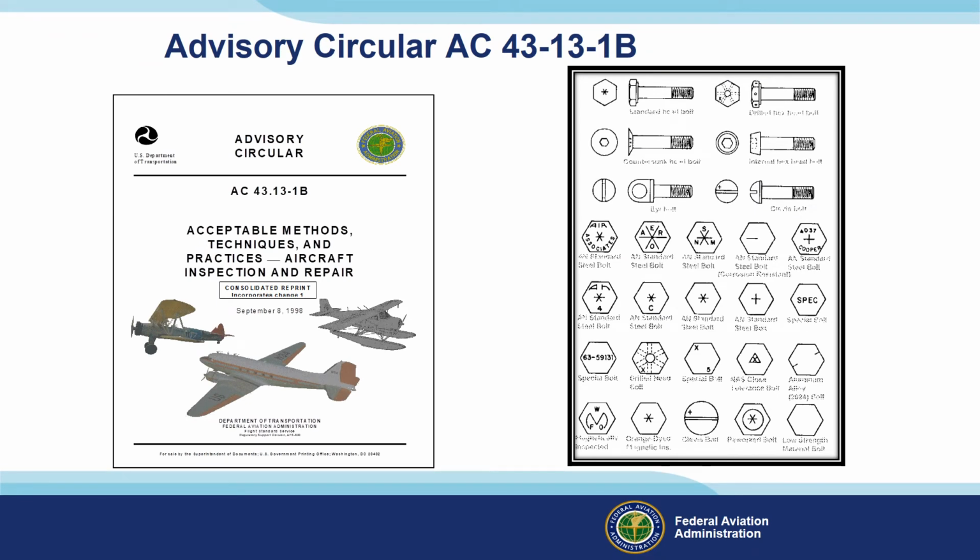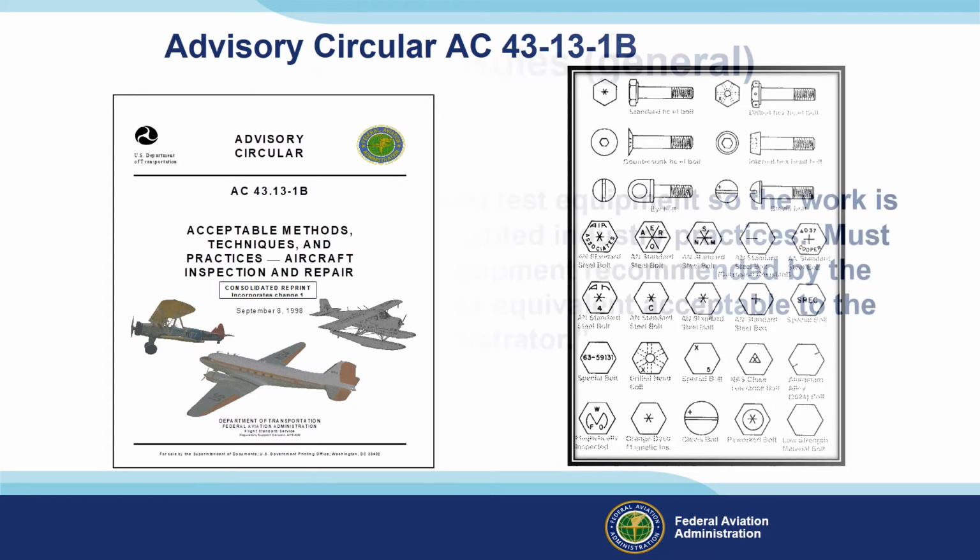Advisory Circular 43.13-1B is an excellent resource for acceptable methods, techniques, and practices for inspection and repair. Be aware though, you must use manufacturer's manuals as the first option at all times.